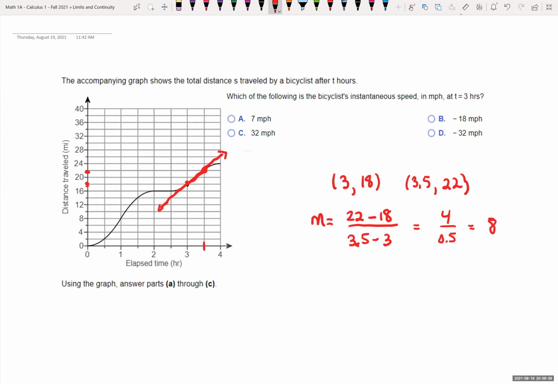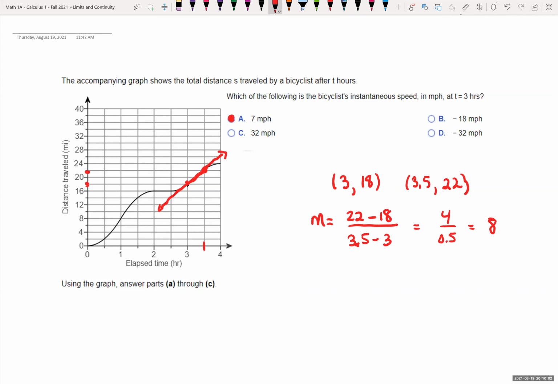Okay, so this is an estimate, right? We're trying to find it by looking at the graph. So looking at the answers, 8, it looks like A is the most accurate, or 7 miles per hour. Just looking at this, you should be able to exclude some of your answers, right?